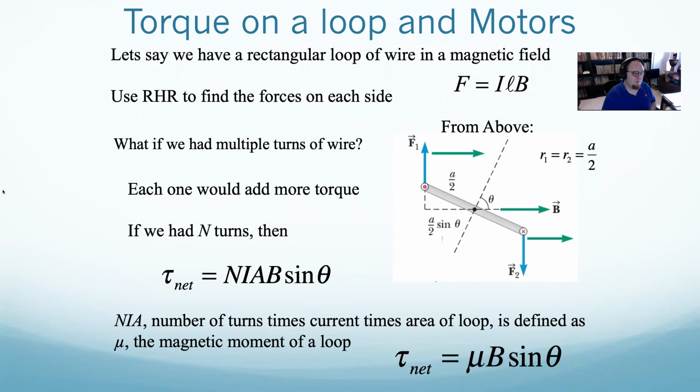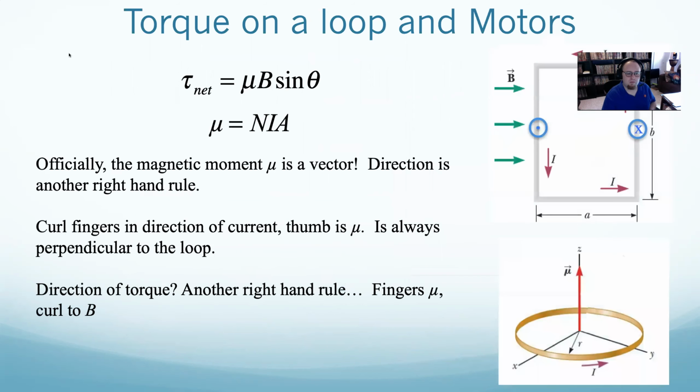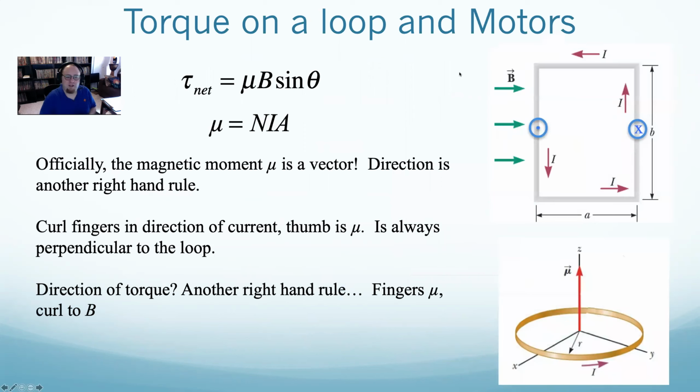Now, really, this should be some cross products again. Mu should be a vector and B should be a vector. I'm kind of glossing over that because we don't have the math required. Officially, the magnetic moment is a vector and the direction follows a different right-hand rule.